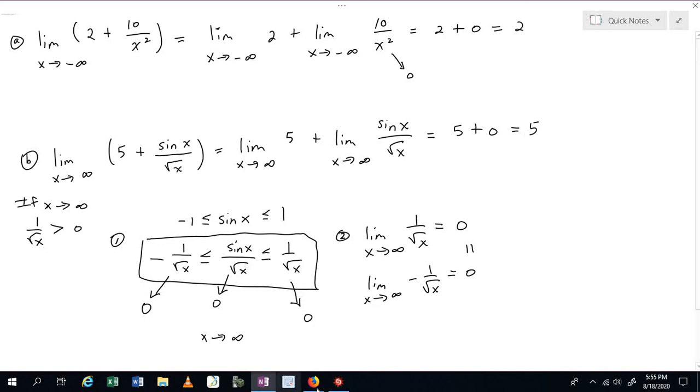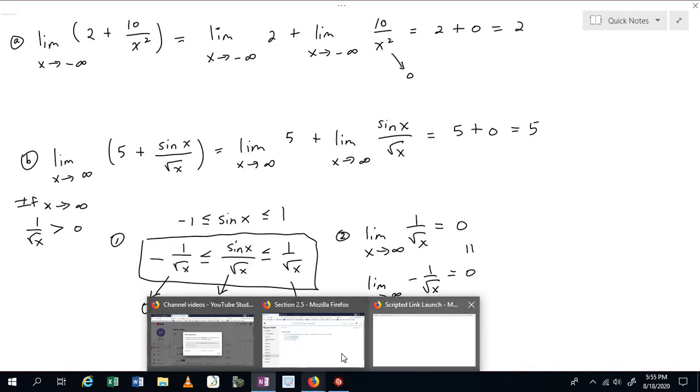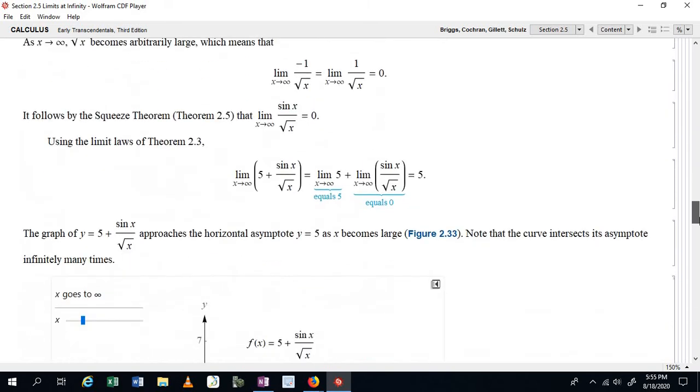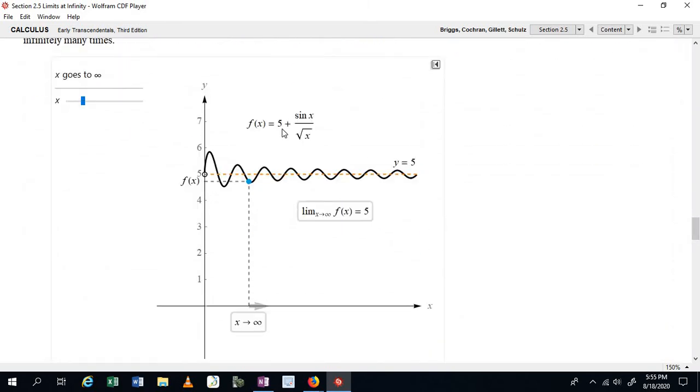Now, a quick look at the graph of this function. The graph of this function, 5 plus sine of x divided by the square root of x, looks like this. And so you can see as x goes to infinity, it's oscillating, but as it goes to infinity, it's oscillating over a smaller and smaller range.